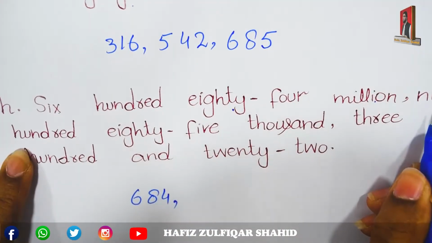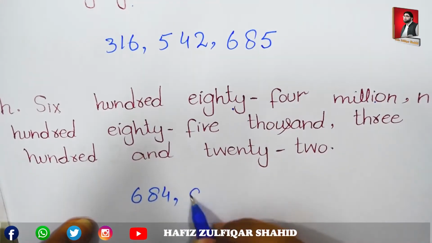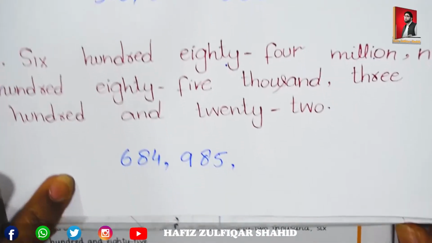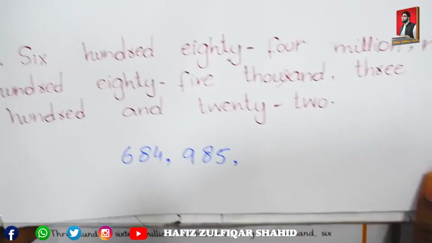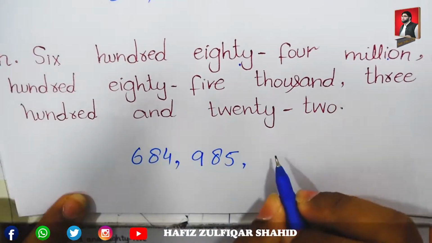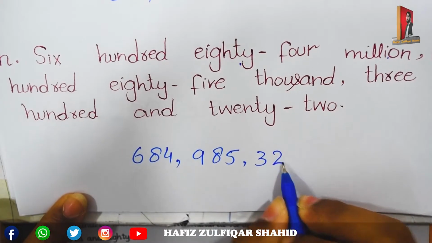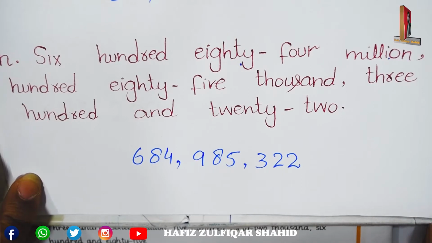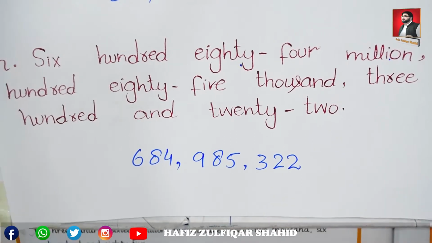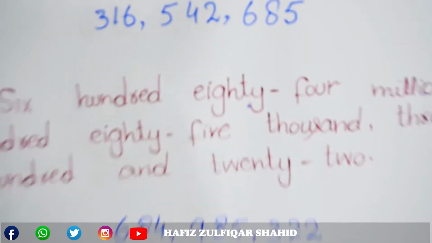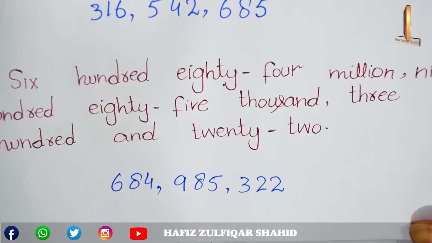Next is 985,000 and 322. See, we have to write the figures for the given numbers and also include commas.